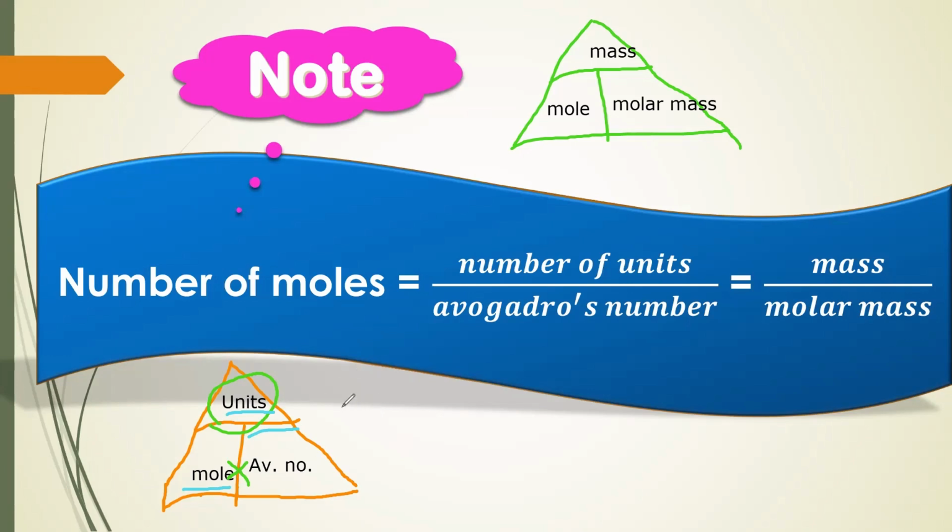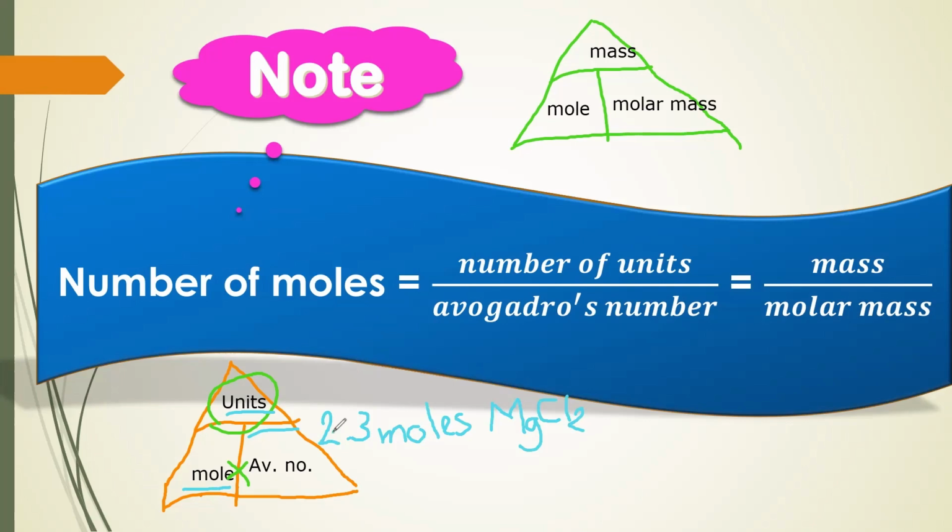For example, if you have 2.3 moles of magnesium chloride, and you need to calculate how many units are in this number of moles.